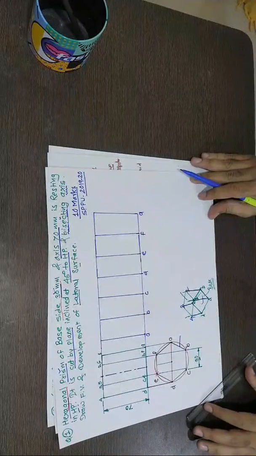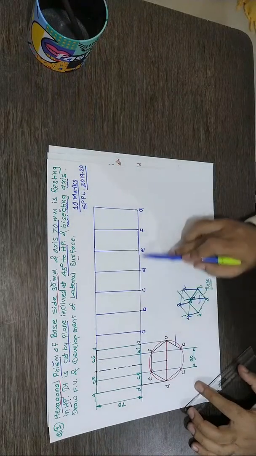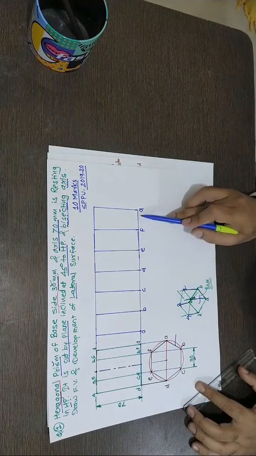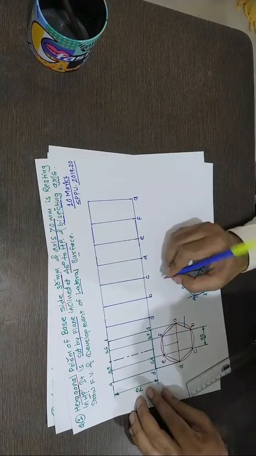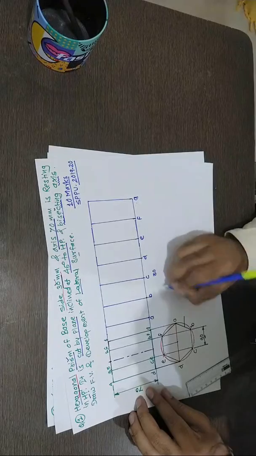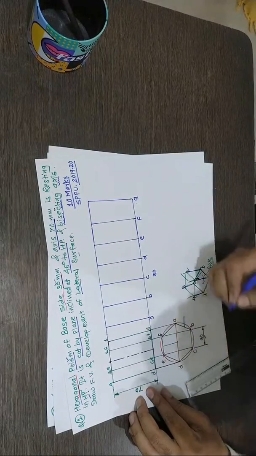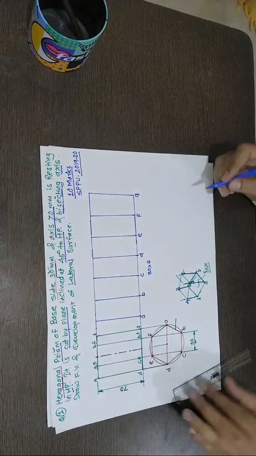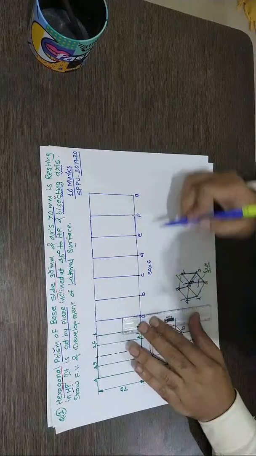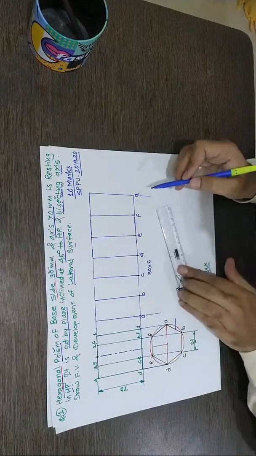Okay, yes, this is the development. So of course the total development length, as discussed, is 30 mm for one side, and as it is a hexagon, multiplied by 6, that is the total length of development. We'll give the dimension for this.